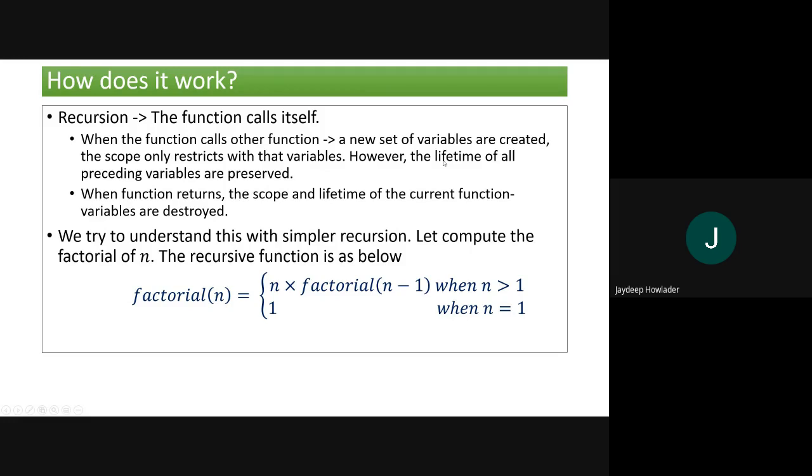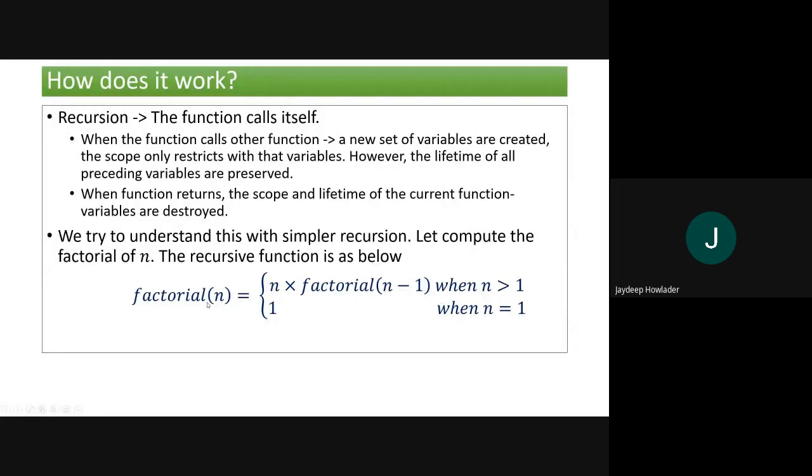We'll show you in a diagram how it is. When Fibonacci n is live, meaning when the first recursion is called, we have a definition of n in the first recursive function. Then we call another instance of the same function with parameter n minus 1.